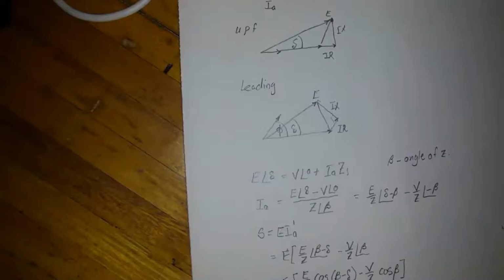And that's P. And the same for Q, your reactive power, will be E into E over Z sine of beta minus delta, minus V over Z sine beta.